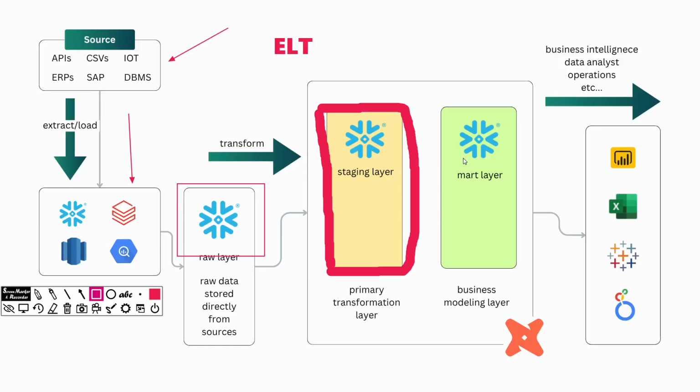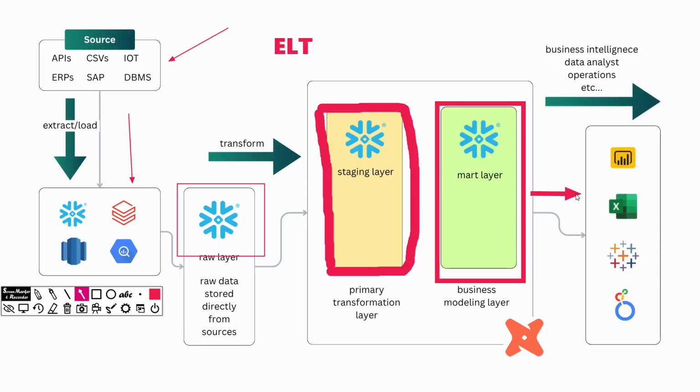So we are ensuring that multiple users from multiple different locations can access the data within this marts layer, which is what has been prepared for them to use. So once this data is prepared, once the marts layer is settled, it is then ready and prepared for the business intelligence analysts, data analysts, and operation analysts, and the likes.